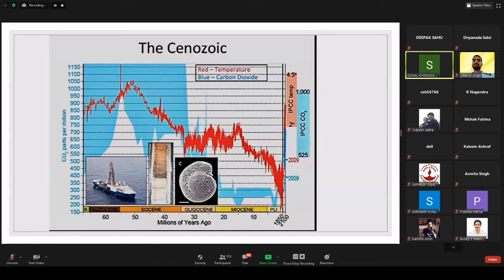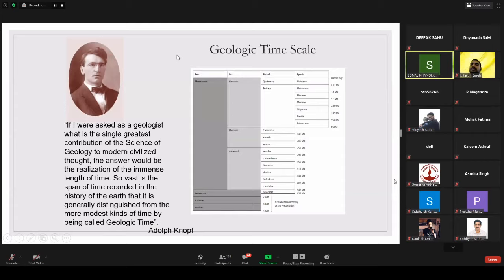And the first thing, as many of you must know, is the geological timescale. The entire Phanerozoic, which is 635 million years, is marked using the evolution and the extinction of fossil records, and that's how fossils play a very important role in the construction of the geological timescale.